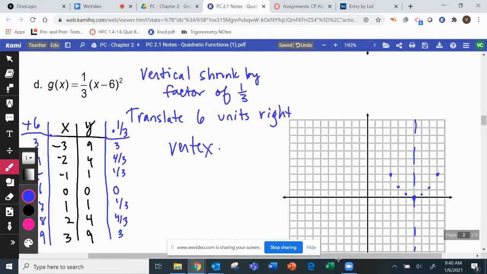Our vertex is at 6, 0. Our axis of symmetry, x equals 6. And then I've got 5 points, so I'm just going to do the best I can to connect that through the rest of the graph.